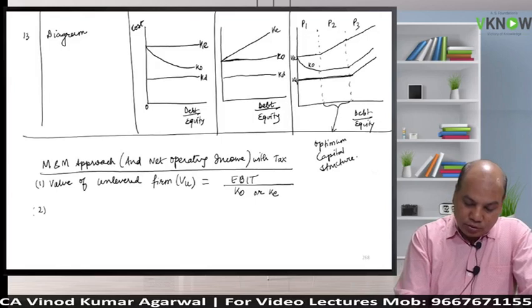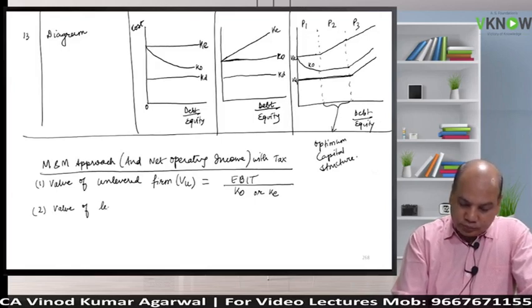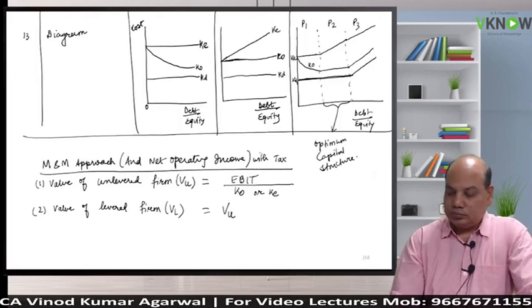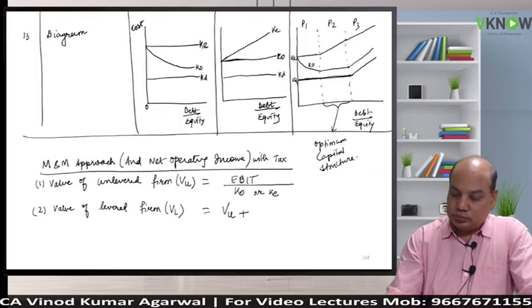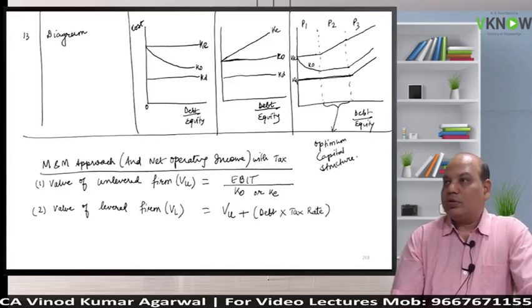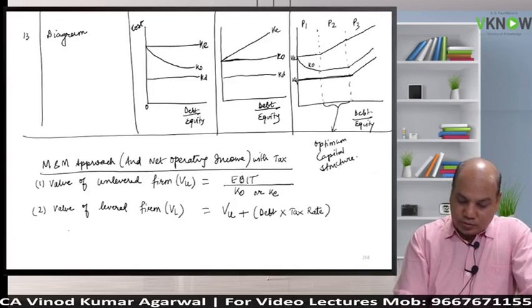Then what will you do? You will find value of levered firm, that is VL, which will be equal to value of unlevered firm plus debt into tax rate, that is the present value of tax shield on interest.